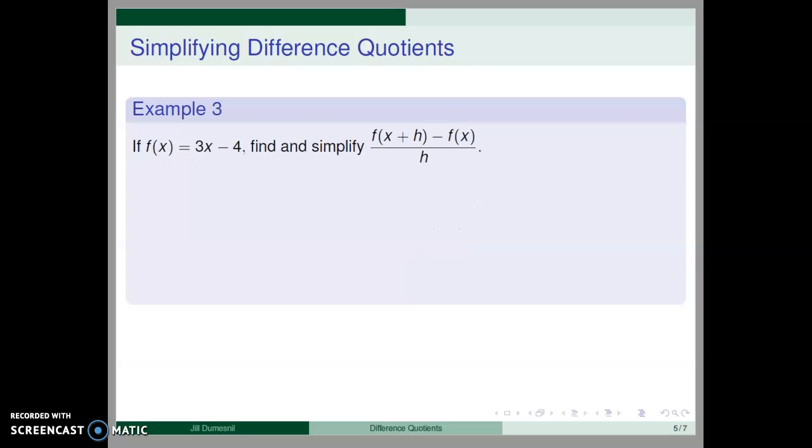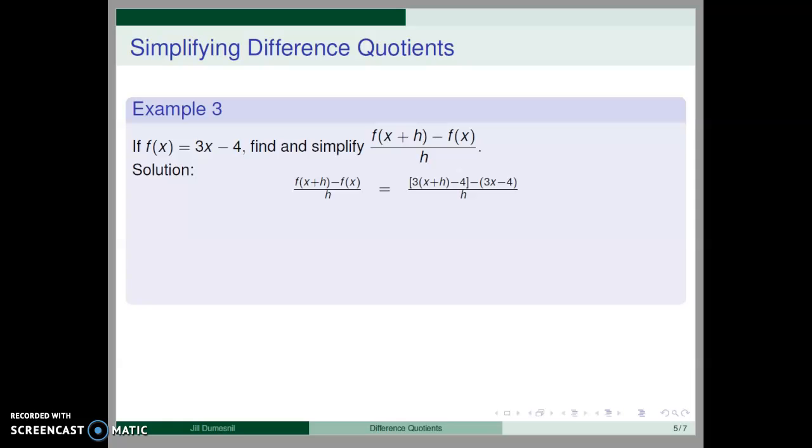Next, we want to find a difference quotient f of x plus h minus f of x over h, given that f of x is 3x minus 4. We will evaluate and simplify as before. Notice that f of x plus h is 3 times x plus h minus 4.